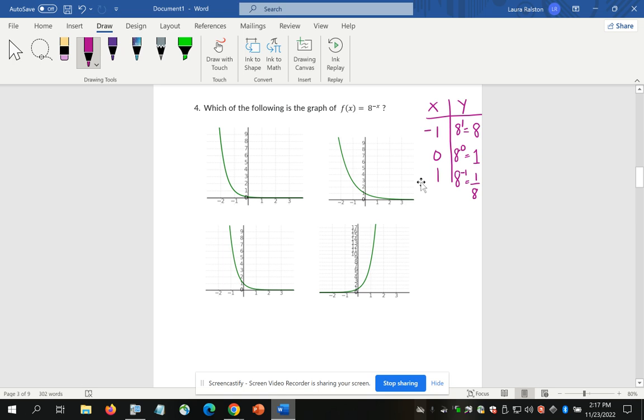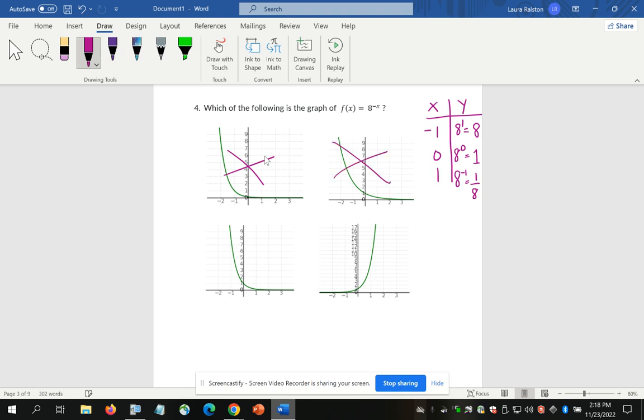So again, thinking about this, I have to have it where the graph intersects the y-axis at 1. So this first graph doesn't do that, so I know it's not this one. The other three are possibilities. I need to point -1/8, so -1/8.